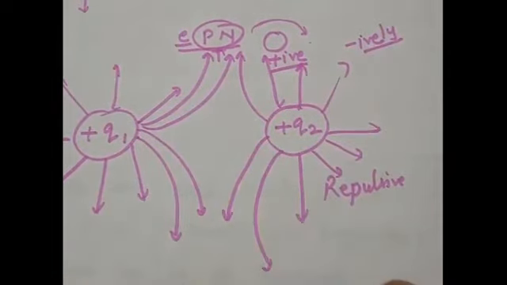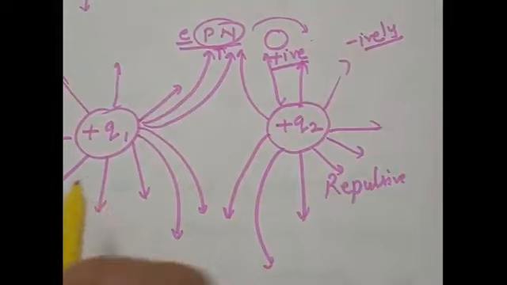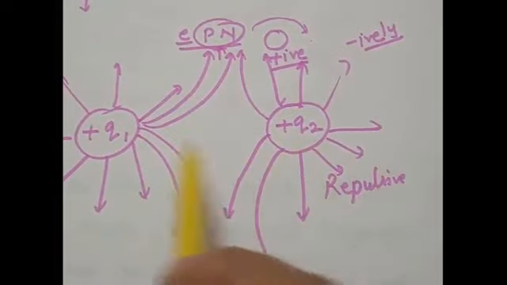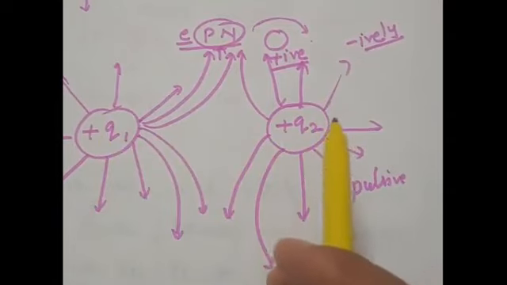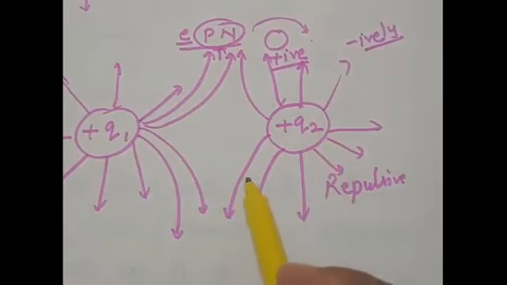So this is how two positive charges of equal magnitude are able to repel each other in equal amounts.